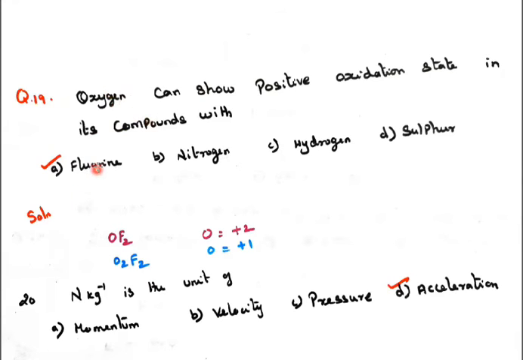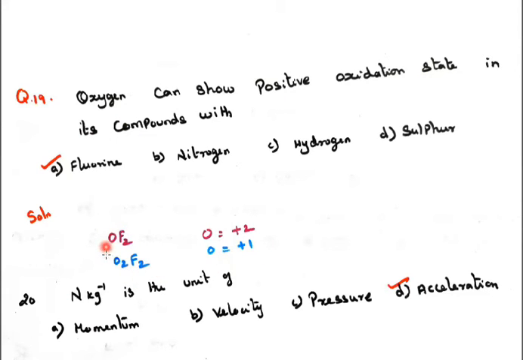The more electronegative element will have a negative sign, the less electronegative will have a positive sign. So with fluorine at -1 in OF2, oxygen has +2, and in O2F2 oxygen has +1.